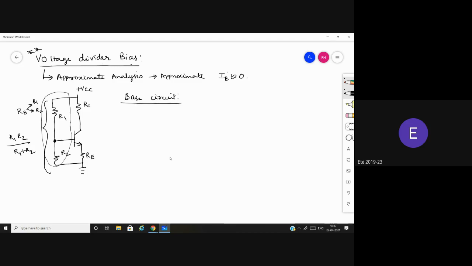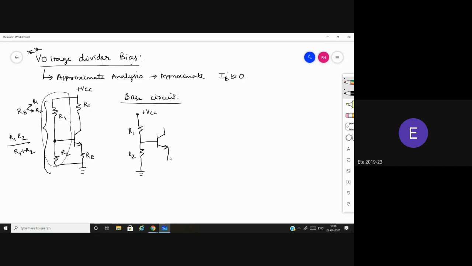Now coming to the base circuit, we are going to consider the base part, the input circuit part, and obviously we need the transistor. So we have the transistor part, and this is our R1, this is our R2, and here we are getting our plus VCC.